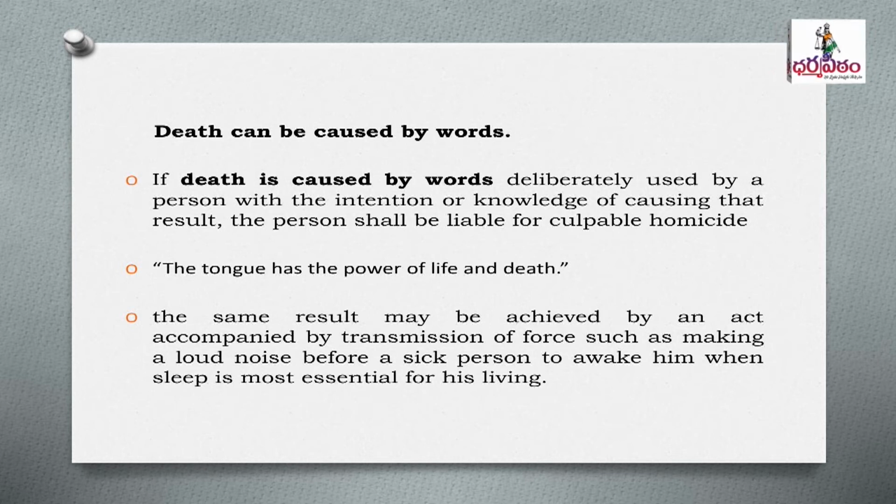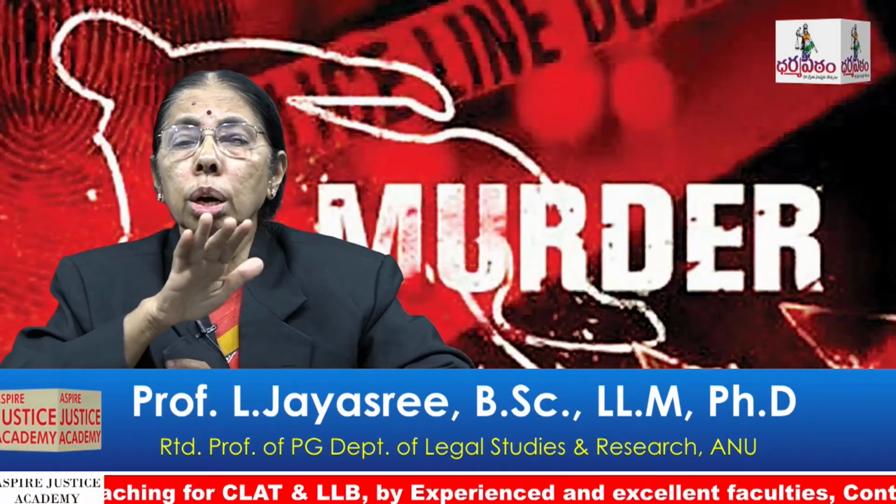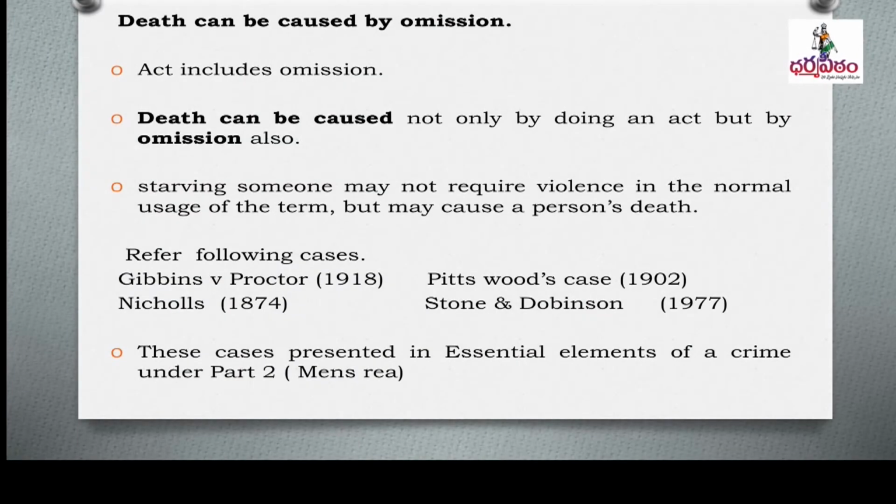If you look into section 33 of the Indian Penal Code, it defines act. Act includes illegal omission. Specifically, they used the words illegal omission, which means all omissions are not punishable, or all omissions are not included in the definition of the act. Only the illegal omission. What is illegal omission?